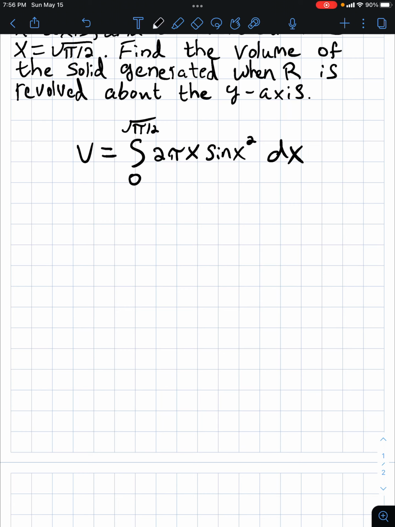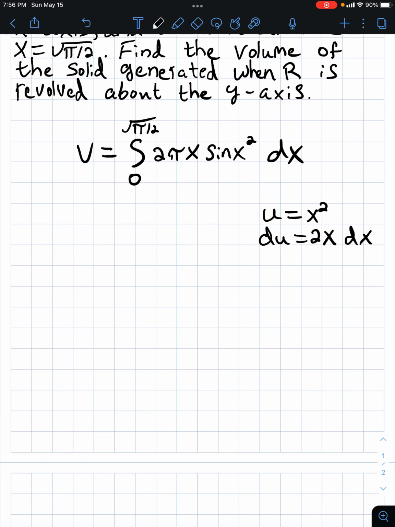To do that, we're going to need to use substitution. Let u be equal to x squared. Then we get du equal to 2x dx.